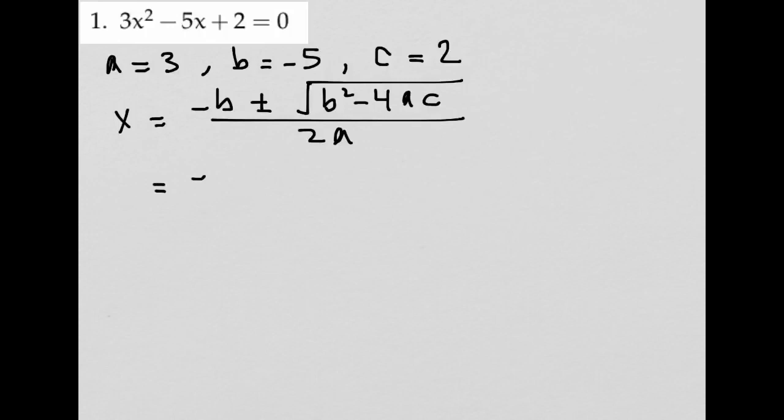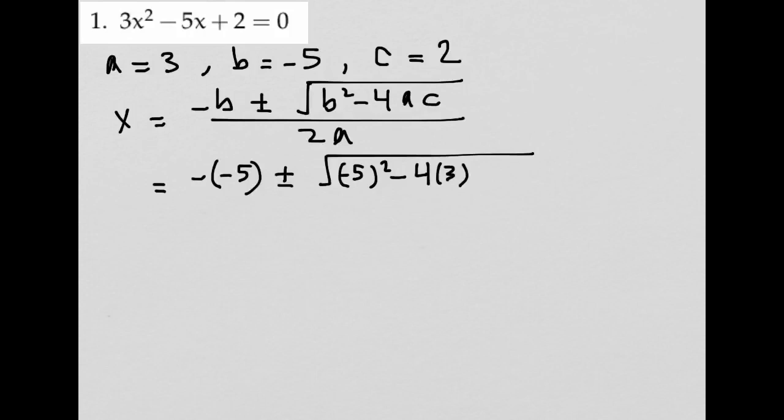That's minus negative 5 plus or minus the square root of b squared, that's negative 5 squared, minus 4 times a, that's 3, times c, which is 2. All divided by 2 times 3.